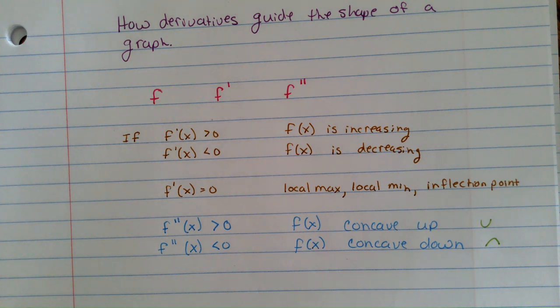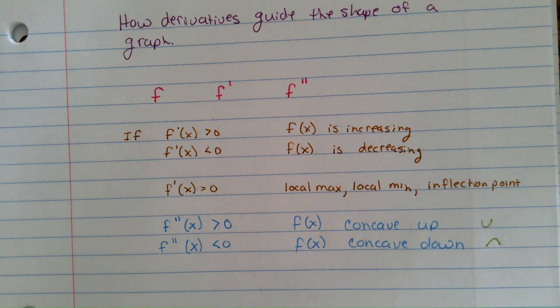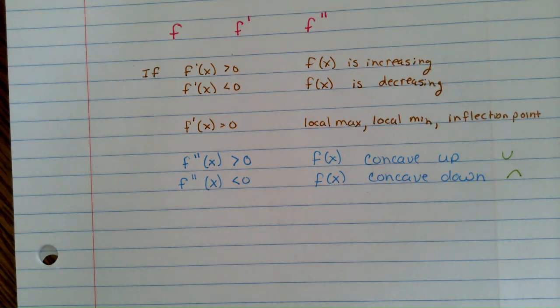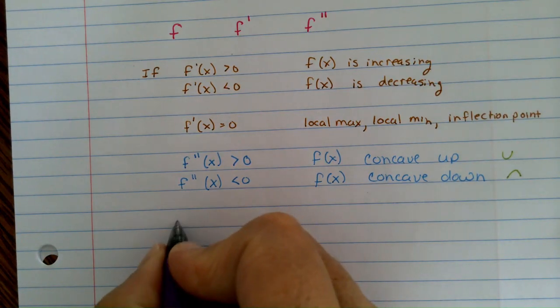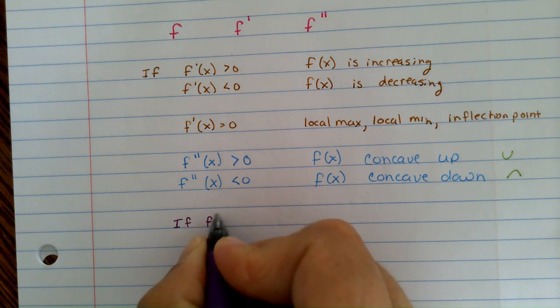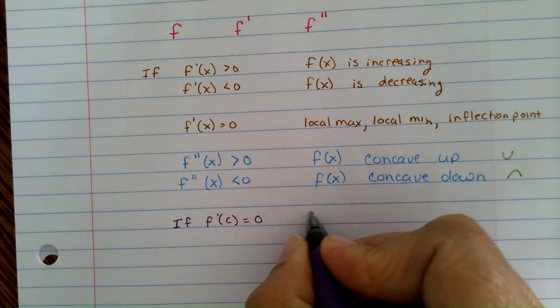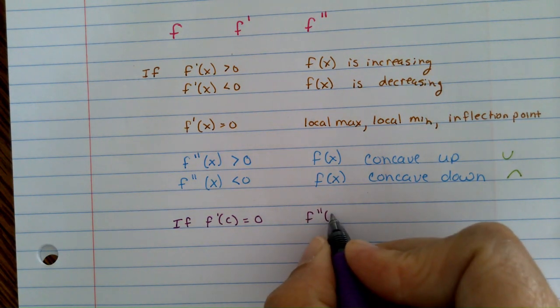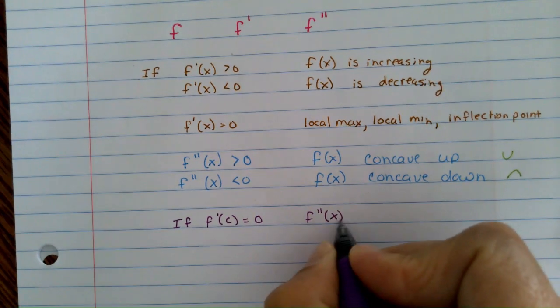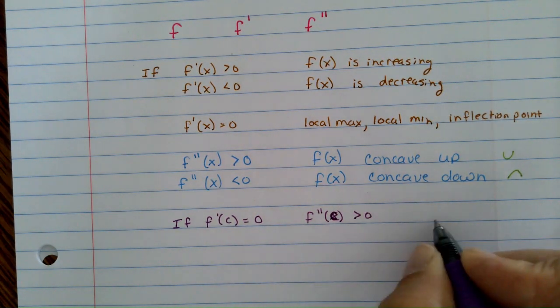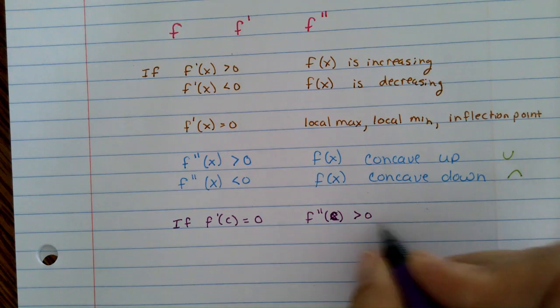Now, if we put those together, right? You don't really have to put them together, but if the first derivative equals 0 and your second derivative at c is greater than 0, means concave up, right?